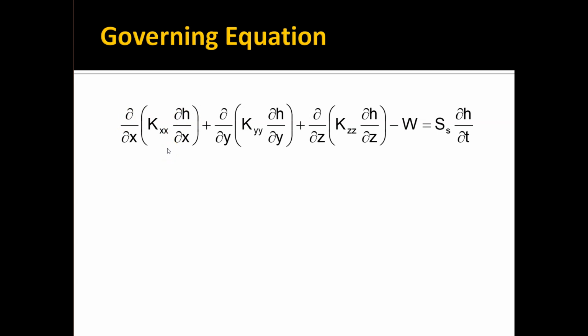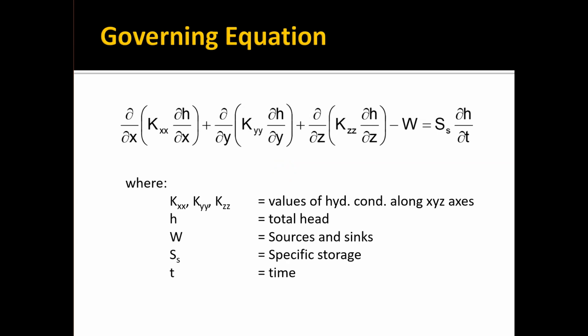But it's the same thing. It has Kxx, Kyy, Kzz, indicating that you would have the full hydraulic conductivity tensor. If you had the full tensor, you'd have the cross derivative terms, but we don't have those.